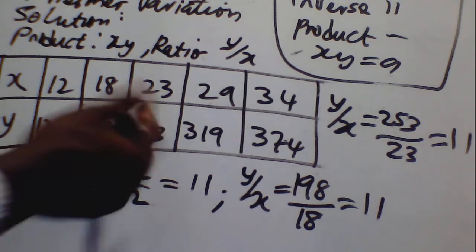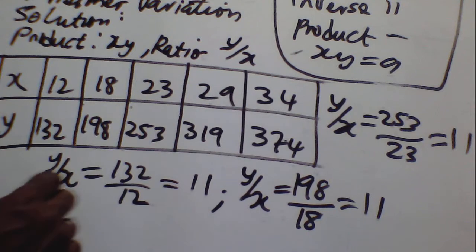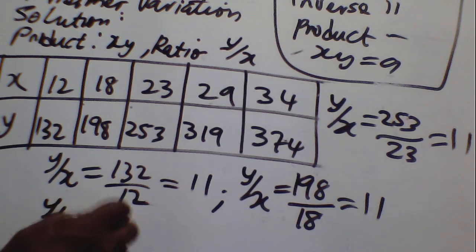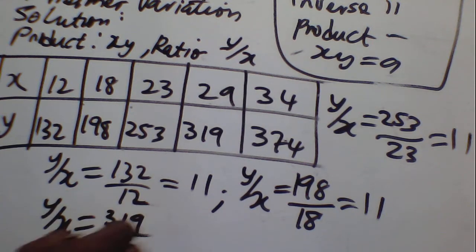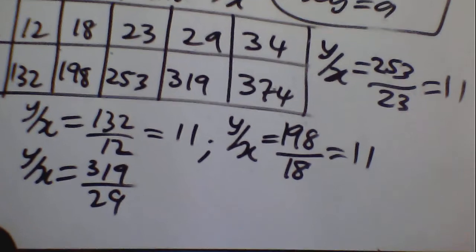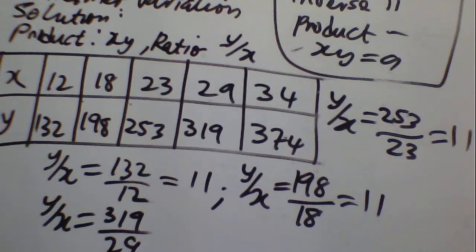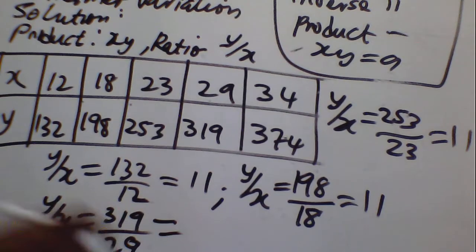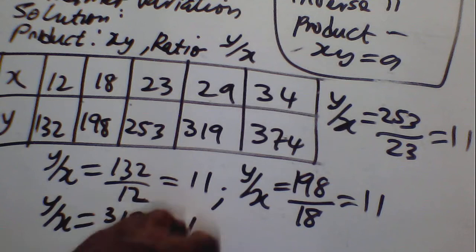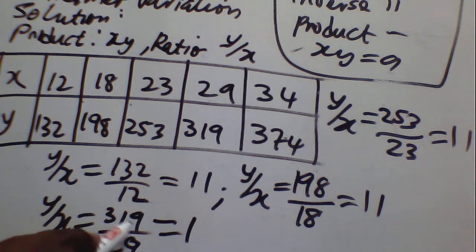We go on for the fourth row. y over x is equal to 319 divided by 29. 31 divided by 29 will give us 1, carry 2. 29 divided by 29 will give us 1, so 11.